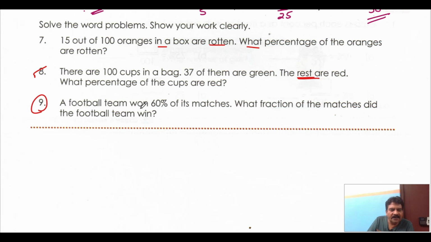A football team won 60% of its matches. What fraction of the matches did the football team win? It's a very easy question. Given a football team won how many matches? 60%.